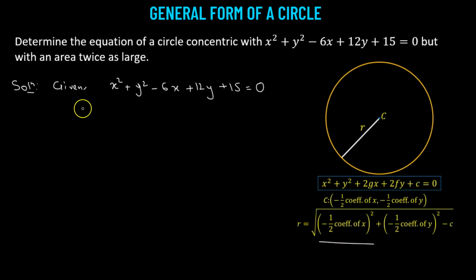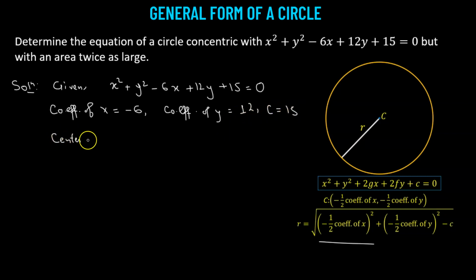Now let's try to do it. From here, we can immediately find out the coefficient of x, that's negative 6. We can also find out the coefficient of y, that's positive 12. And the value of the constant c, that's 15. Now, we can find out the center.